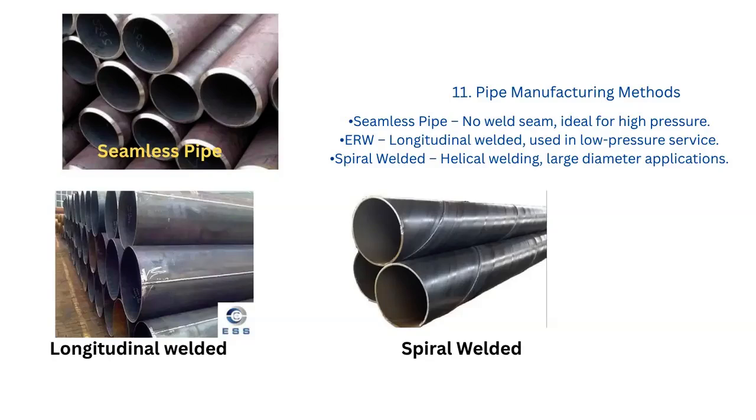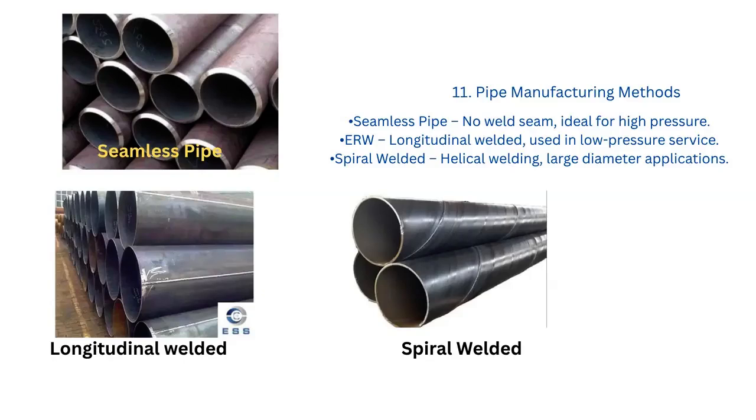11. Pipe manufacturing methods. Pipes can be manufactured using different methods, each with specific use cases. Seamless pipes are made without any welding seam. They are ideal for high pressure and high temperature lines.